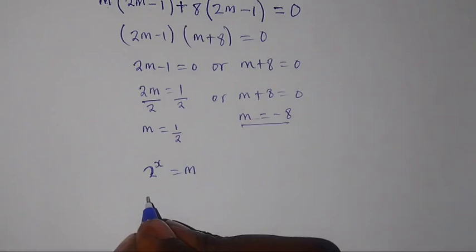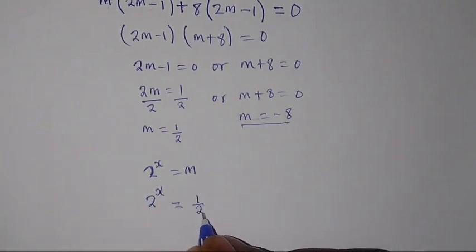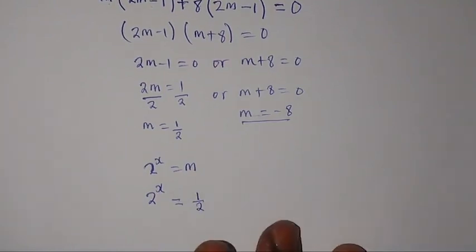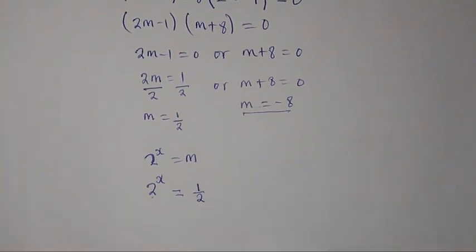So I'll substitute: 2 to the power x is equal to 1 over 2. For this one, you can see the base here is 2. Here we have 1 over 2. So you can write it in this way: 2 to the power x is equal to 2 to the power negative 1.